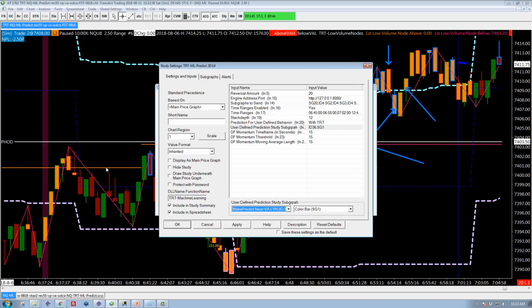ID36.SG1 is what's controlling whether this bar turns orange or not. When it turns orange, because that says with TRT, the server will predict using normal rational trader price action behaviors.